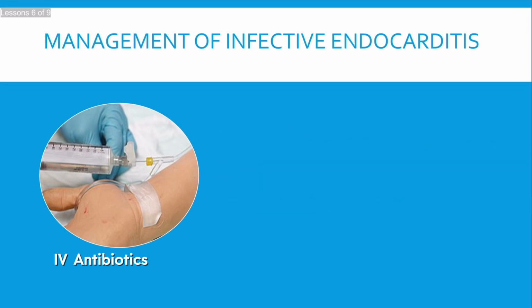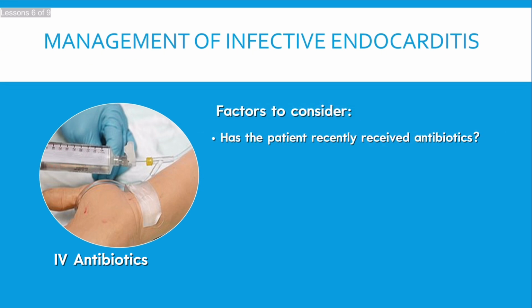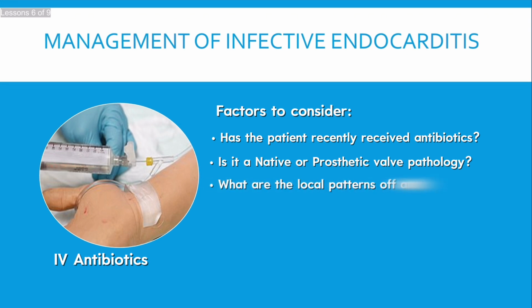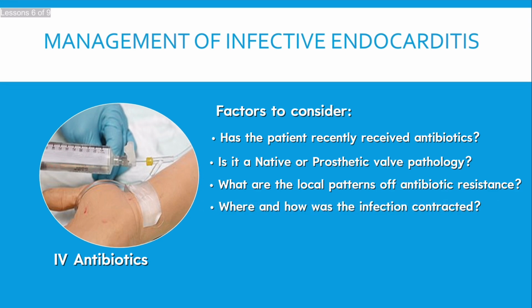The key factors to consider when choosing the initial antibiotics include whether the patient has recently received antibiotics, whether the infection affects a native heart valve or a prosthetic heart valve, local patterns of antibiotic resistance, and where the infection was contracted, whether in the community, during hospitalization, or in another healthcare setting.